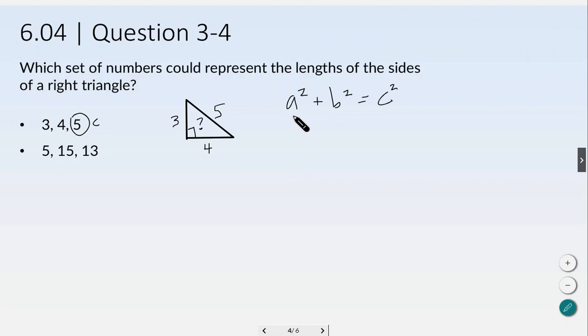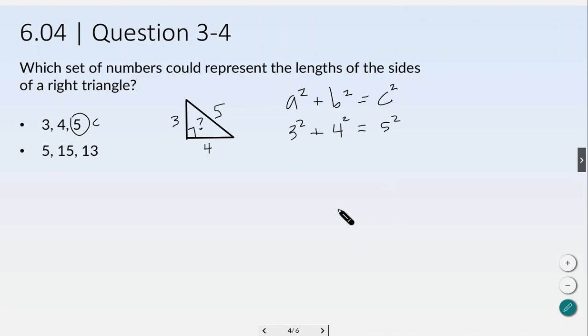So A is 3, so 3 squared, plus B, which is 4 squared, is equal to 5 squared. In this case, I'm not looking for that missing variable. I'm not looking for A or B or C. I have all the numbers, and I'm simply checking, does the left side match the right side?